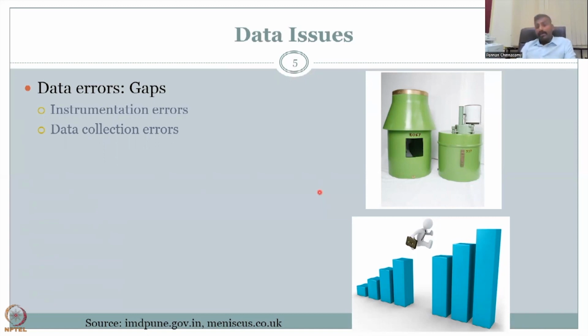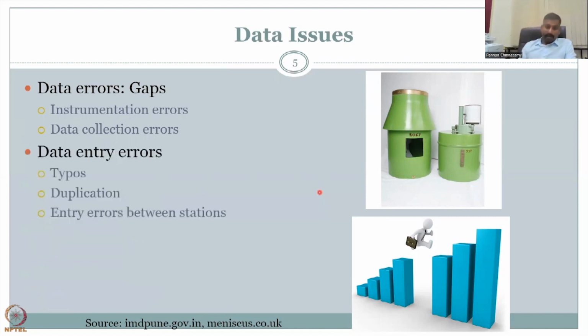And data collection errors is how you collect the data. For example, you go to the field and you write it wrongly, or while writing you mistakenly do a typo. So the data entry errors that I'm talking about are typos. Even one word or the decimal point you figure out that you kept in a different location, then you change the order of magnitude of the sample.